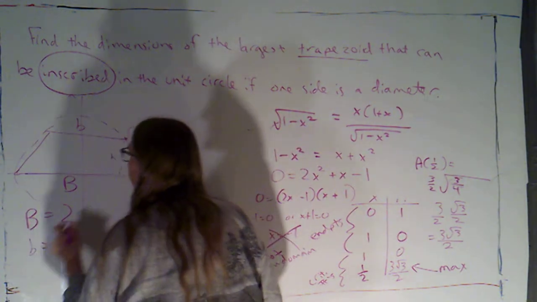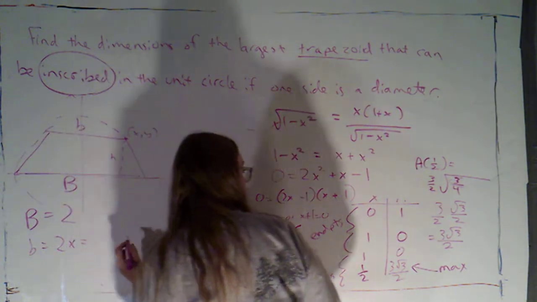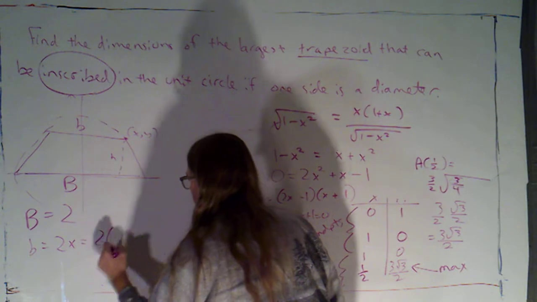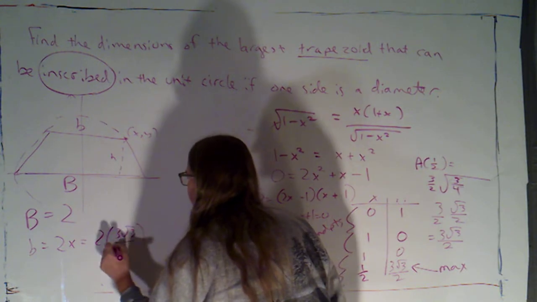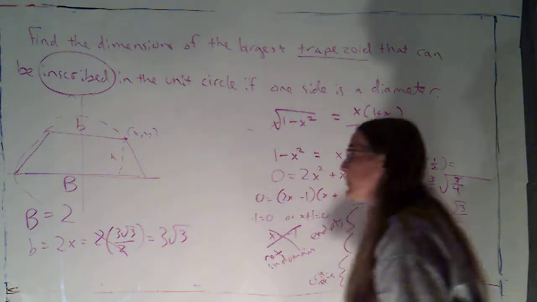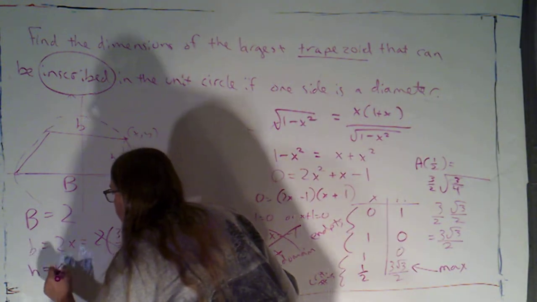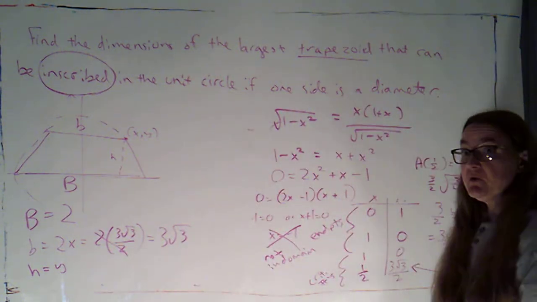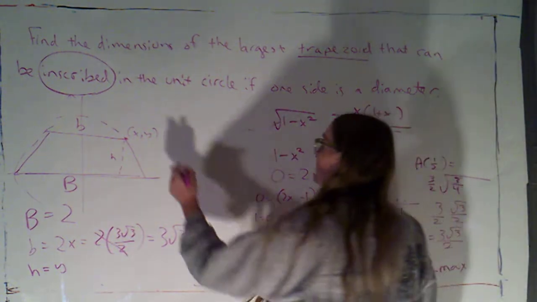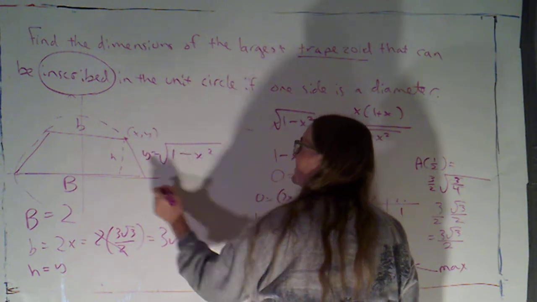So my little base was actually 2 copies of x. So that's going to be 2 copies of 3 root 3 over 2, which would just be 3 root 3. And then my height, that was the y value. And remember, the y value we said was the square root of 1 minus x squared.